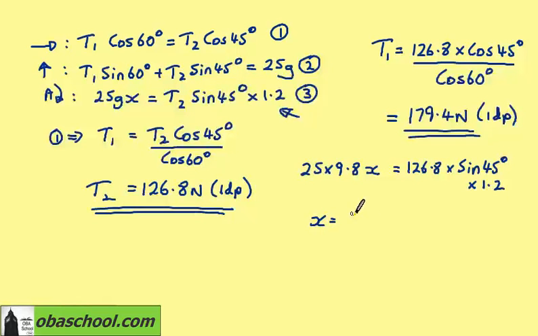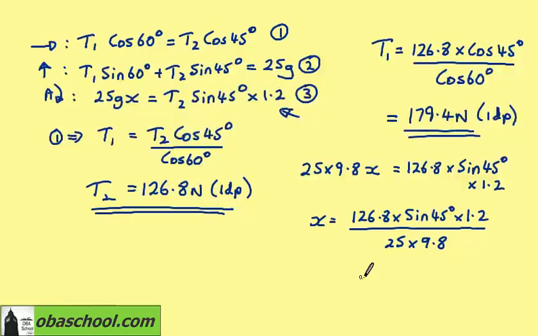So x is going to be 126.8 times sine 45 times 1.2 divided by 25 times 9.8. And this gives us 0.439 meters, correct to 3 significant figures.